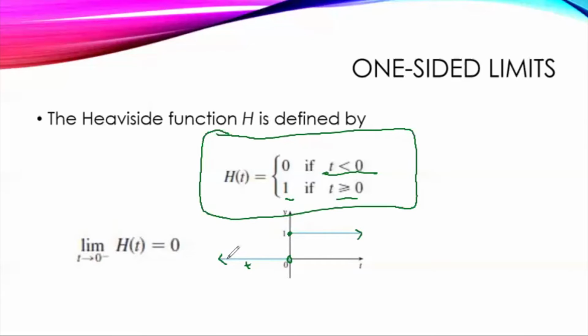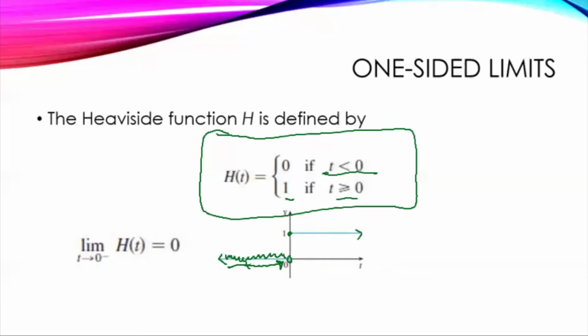Now, as t approaches 0 from the left, the y value approaches what value? It approaches 0. So that is the limit. The limit of h of t as t approaches 0 from the left is 0.